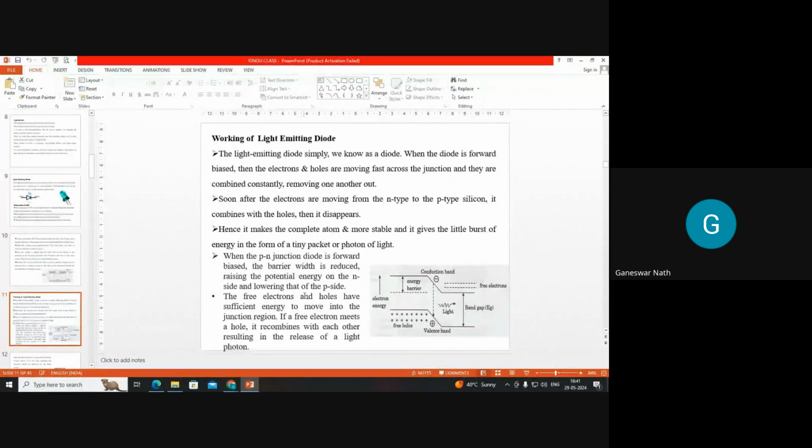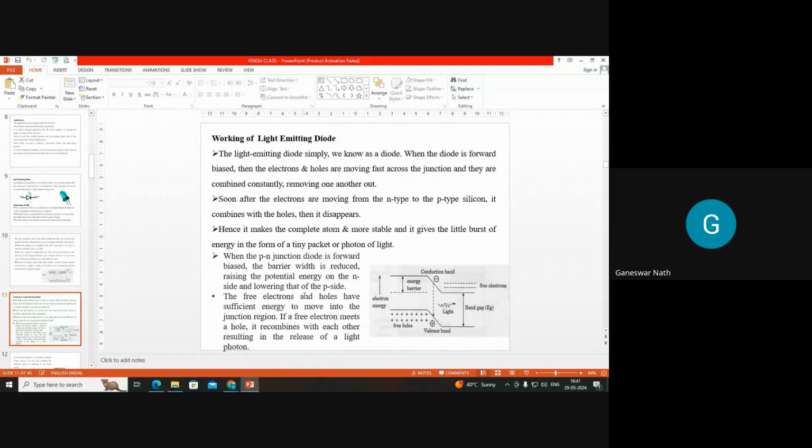Soon after the electrons move from the n-type to the p-type silicon, they combine with the holes and disappear. When an equal number of electrons and holes combine, the system becomes electrically neutral. They move from one region to the other on account of the density difference.